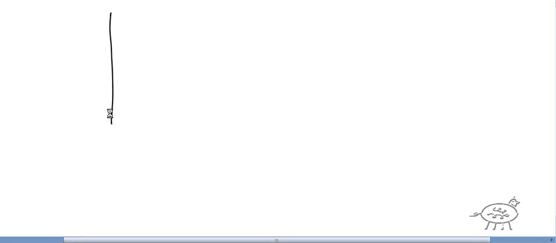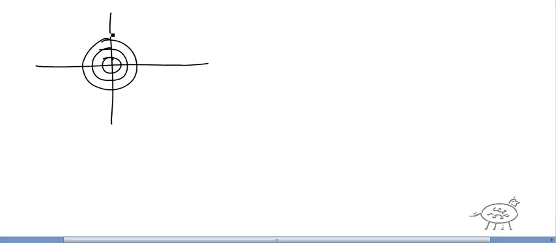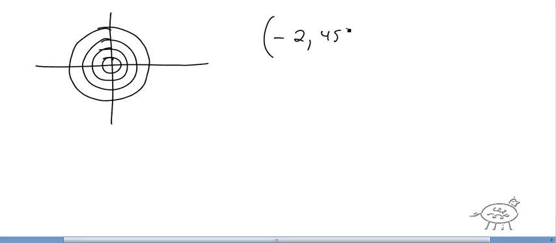Let me make a nice graph here again. What if I said r was negative? Negative 2 comma 45 degrees. You need to realize that I always told you the angle is first. So you're going to go to 45 degrees here.